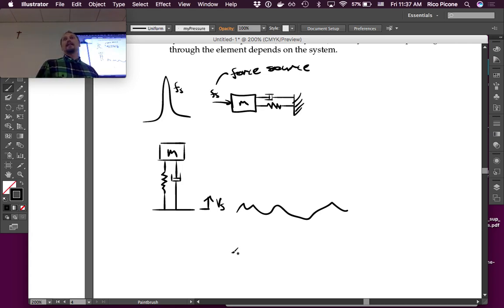You can bolt a tuned spring mass damper system to a structure that's vibrating, and if you've properly tuned it, you can reduce the vibration in the structure by instead having the tuned spring mass damper system absorb that energy. It's pretty cool. I will do some problems on that.